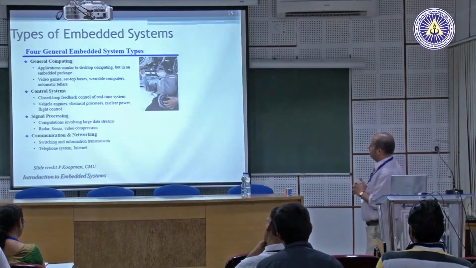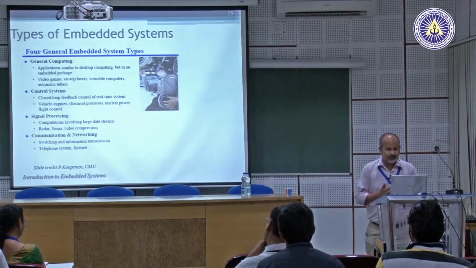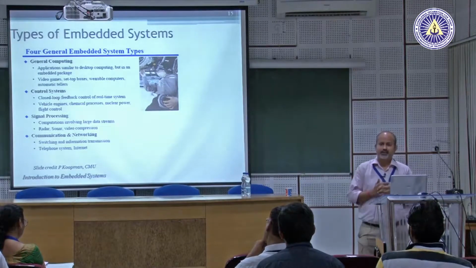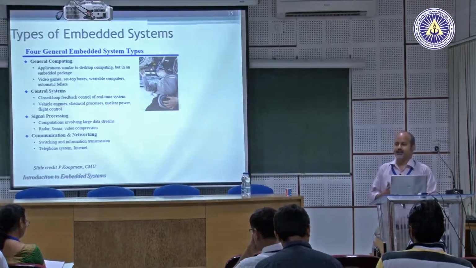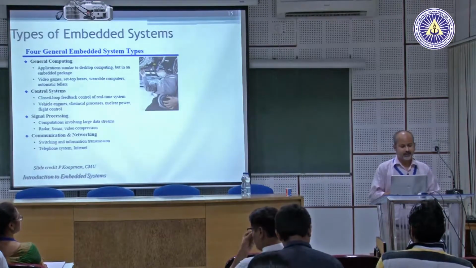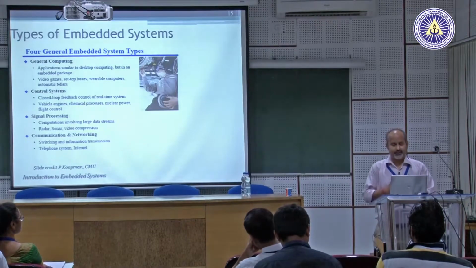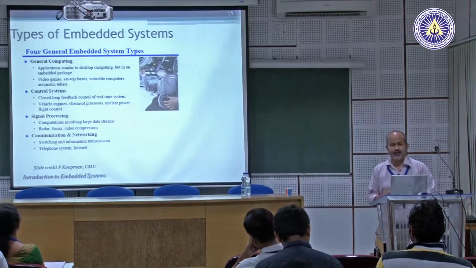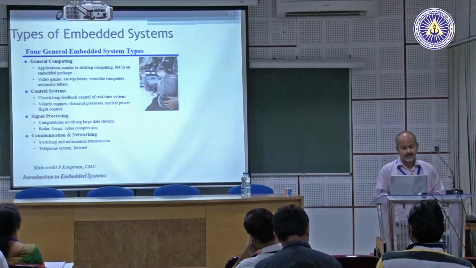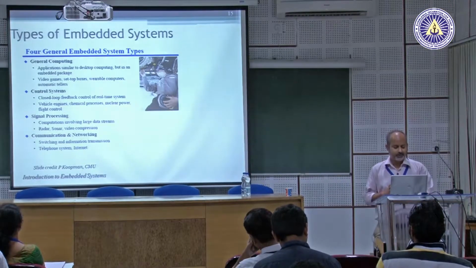Then there are special purpose embedded systems, for example, for signal processing. So you can have embedded systems in radar, in sonar, and video compression. This kind of stuff, you do signal processing, and there also you need computing power and adequate microprocessors.